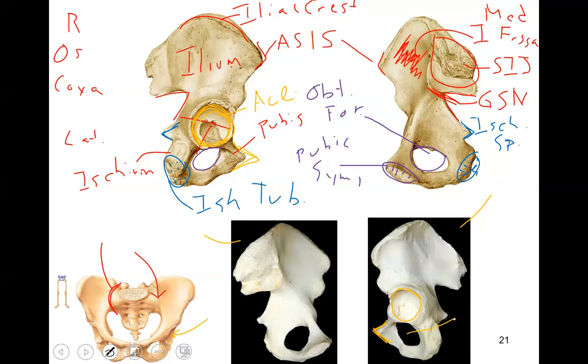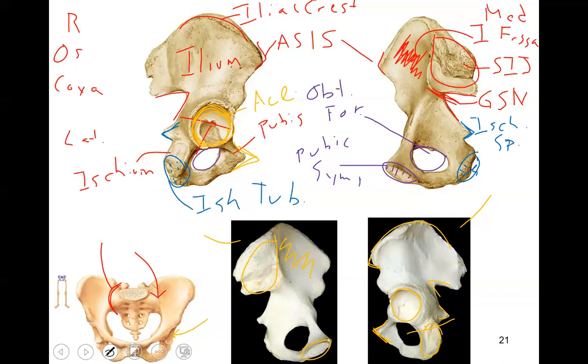We can see the ischial tuberosity, ischial spine leading into greater sciatic notch. We can see the iliac crest. We can see the anterior superior iliac spine, the iliac fossa, sacroiliac joint. Okay, and the pubic symphysis, and I believe that is all.